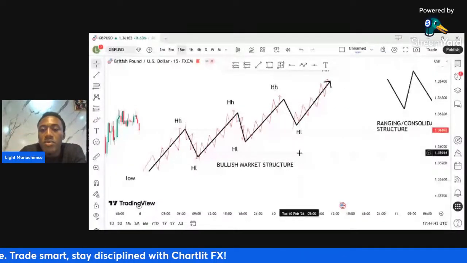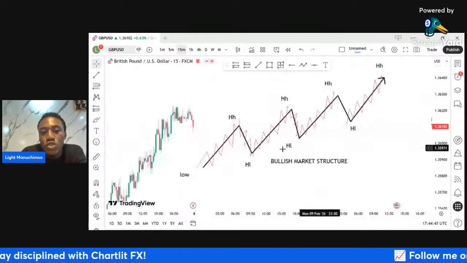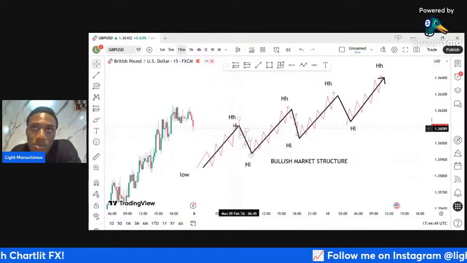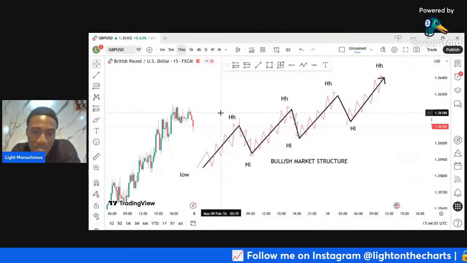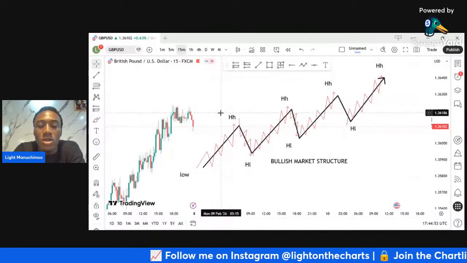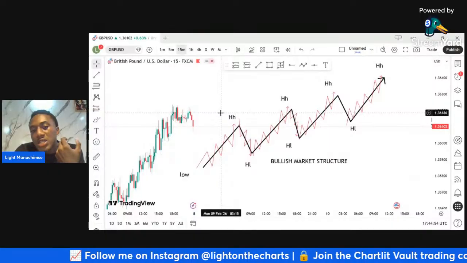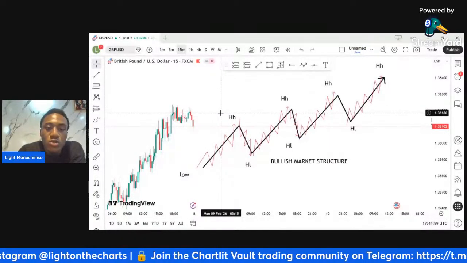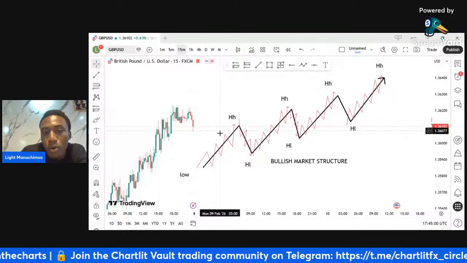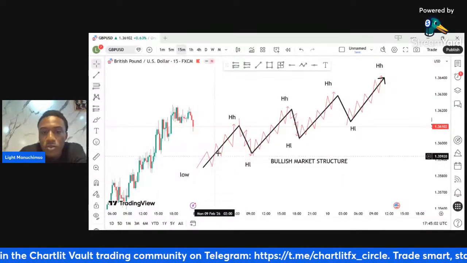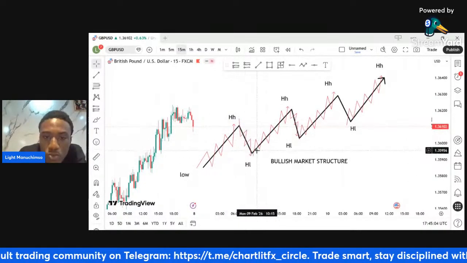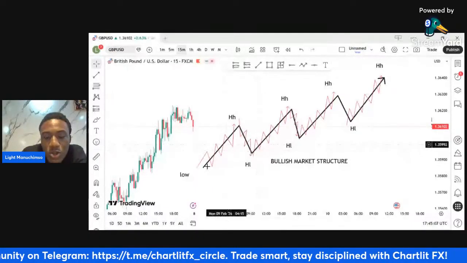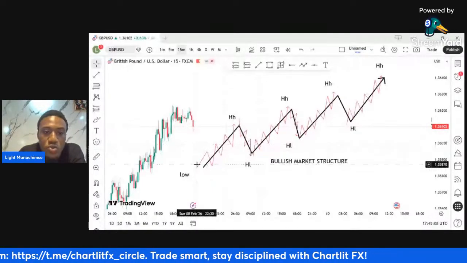And now inside this market structure, if you remember when I talked about time frames in the previous class that we had, I said time frames are just different representations of the story the market is telling us, right? So now you can see this is an impulse, this is a corrective move. Now if you look into this impulse move, you could see this one I drew in red.